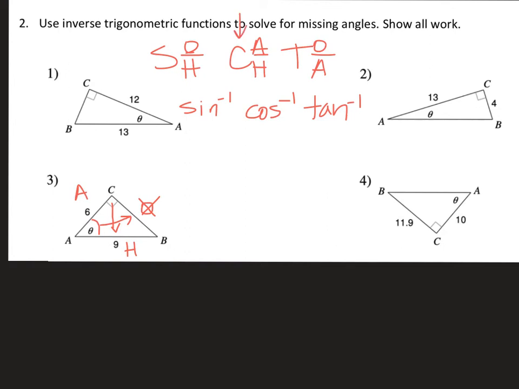And the setup will be the same. So it'll be the cosine of the angle is equal to, and it's still order matters, so 6 over 9.